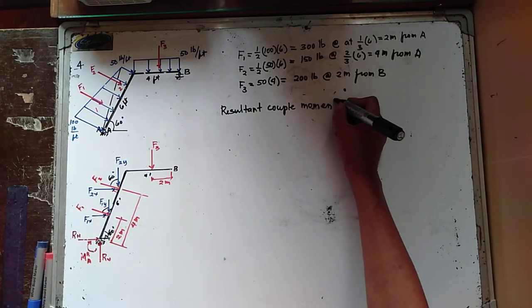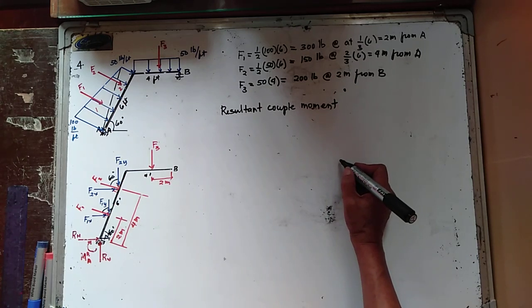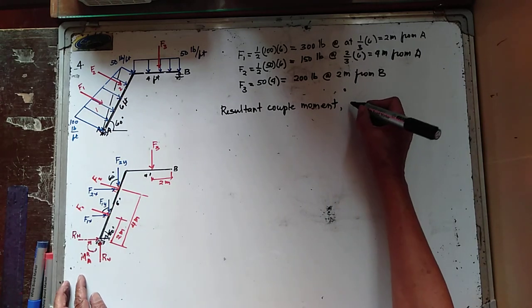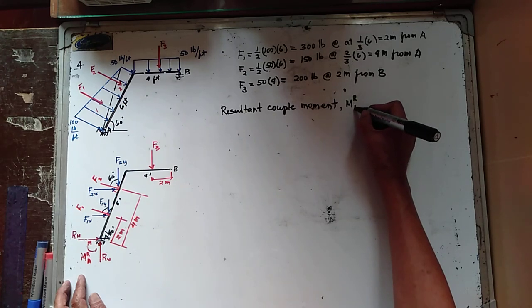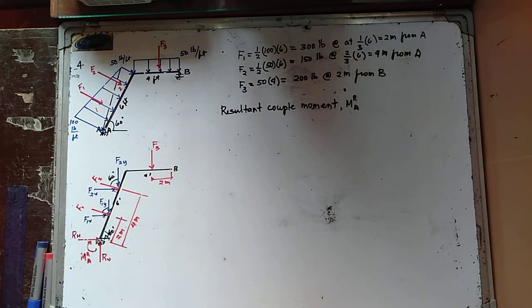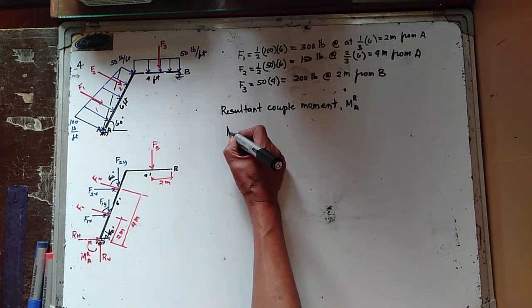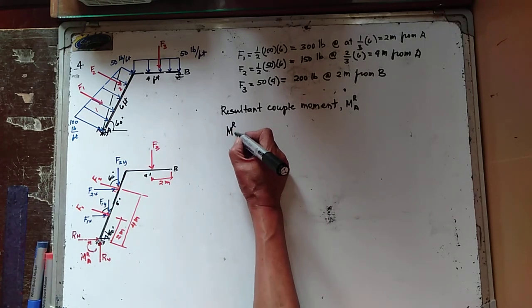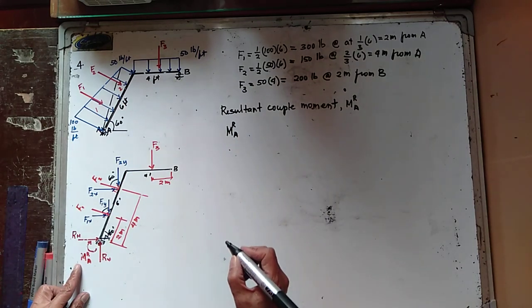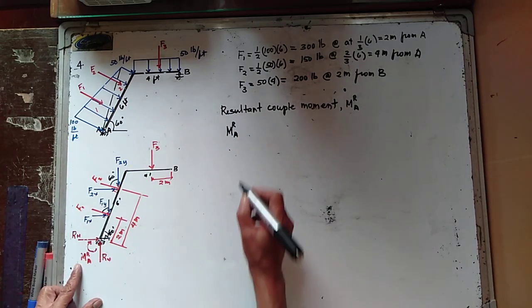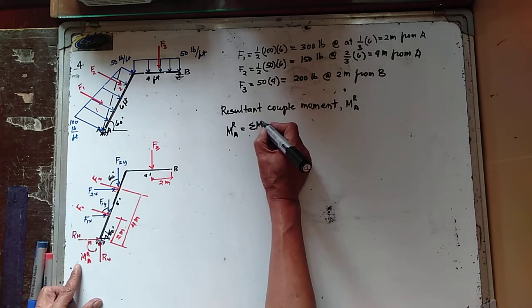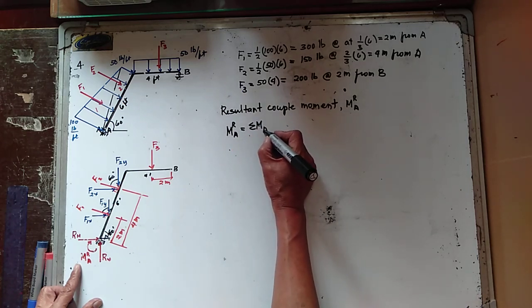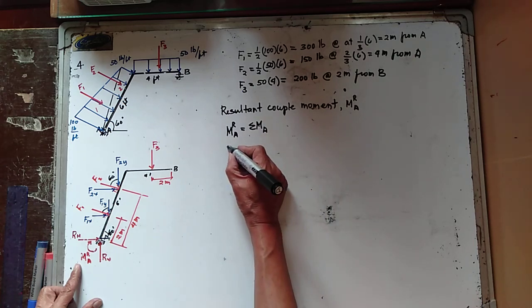So we have the resultant couple moment, which is now your moment of the resultant at point A. This is equal to the summation of moments of all the forces about the same point.